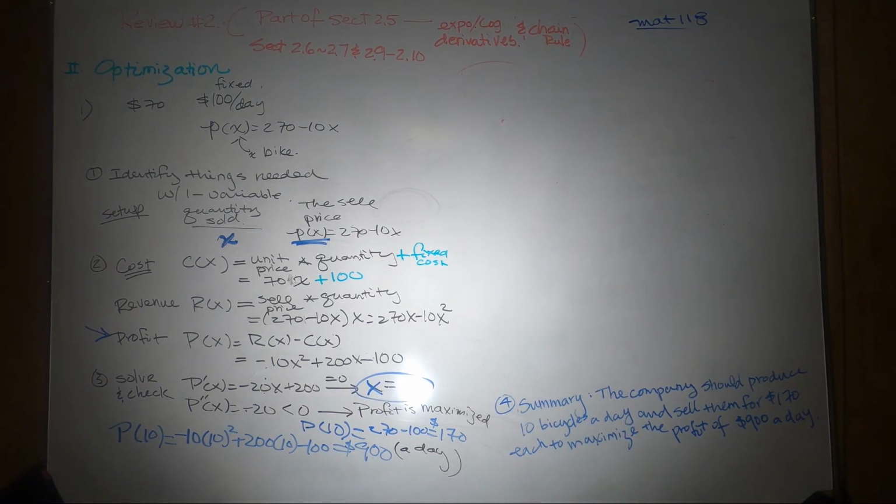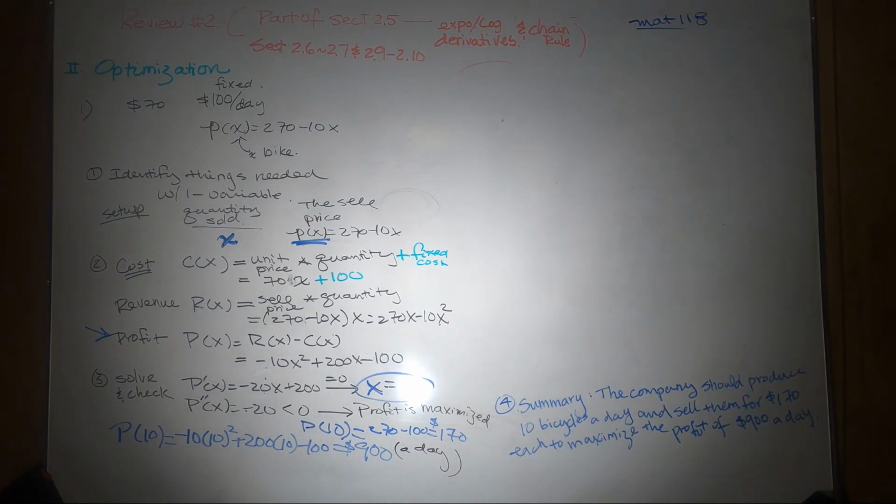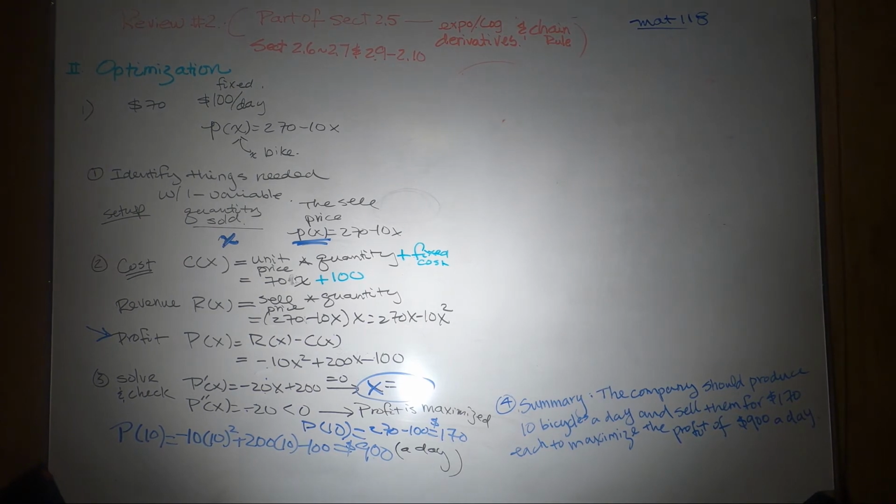Right? Not too bad. Once we struggle through all the thinking, if we understand how to do it, you can just do it directly, for profit and or minimize the cost. So we maximize the profit and maximize the revenue this way.